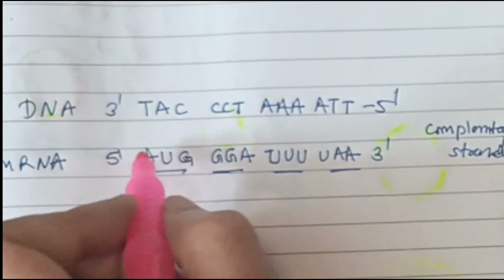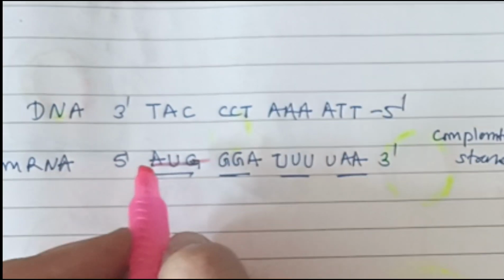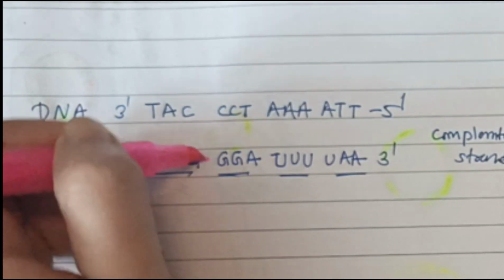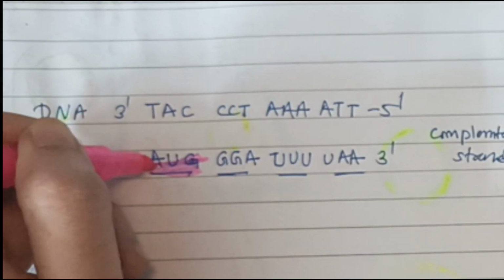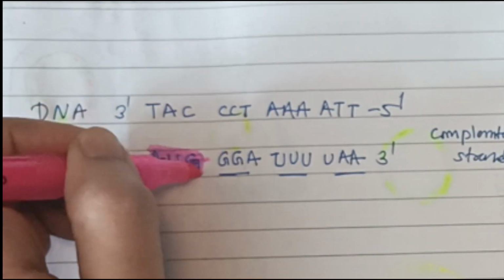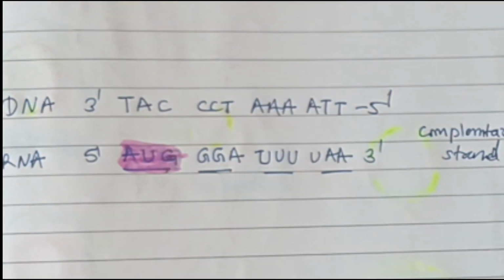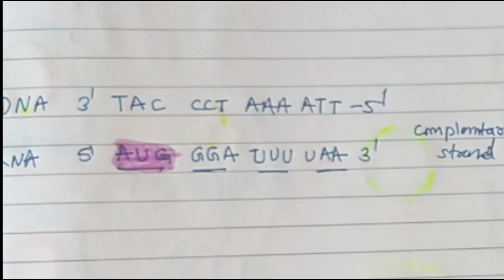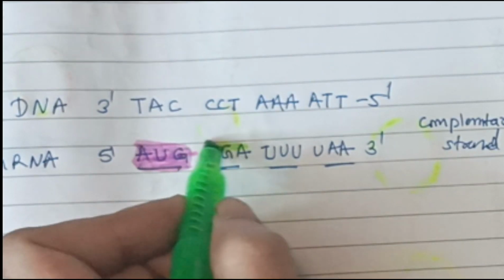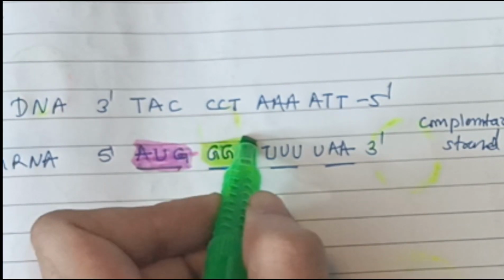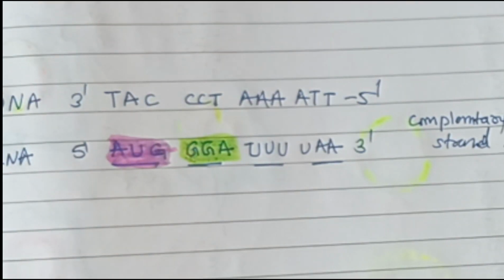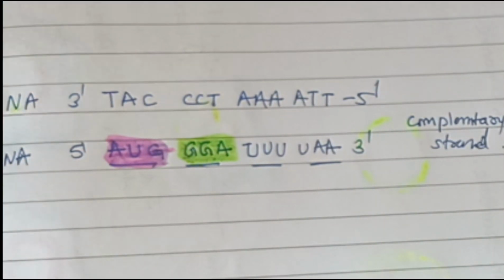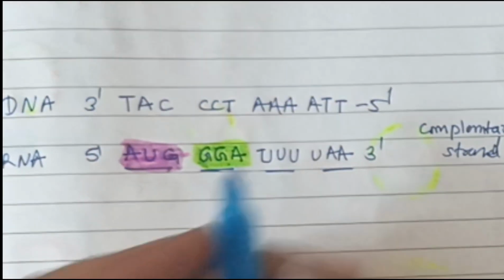For A the complement is T in a DNA sequence, whereas in RNA it is U. Here we are using RNA, so wherever we would use T, we use uracil.